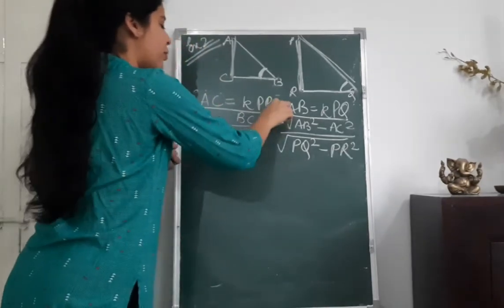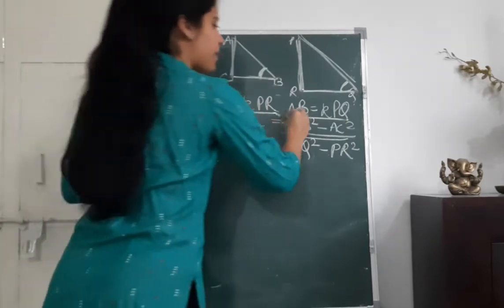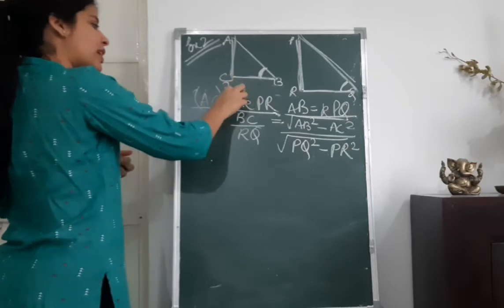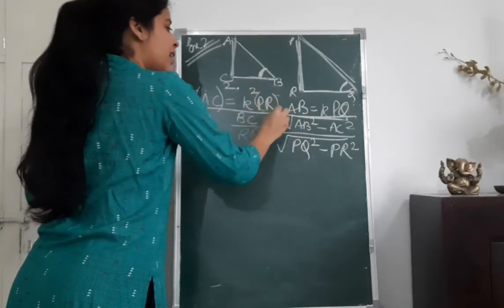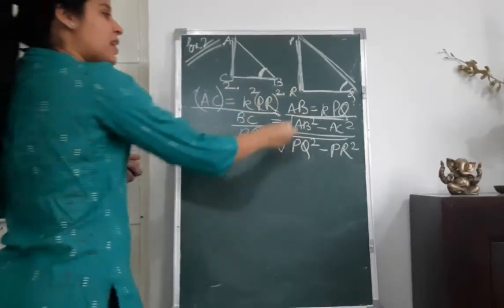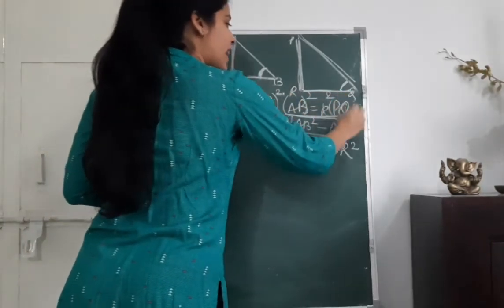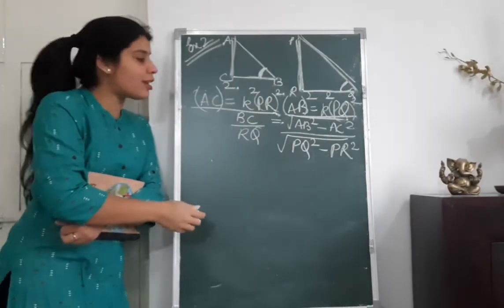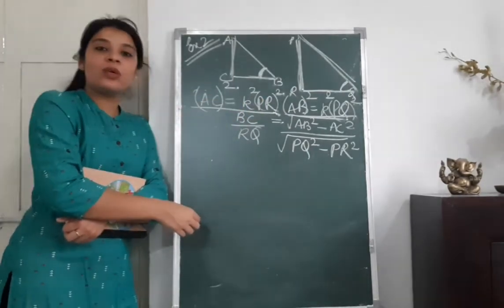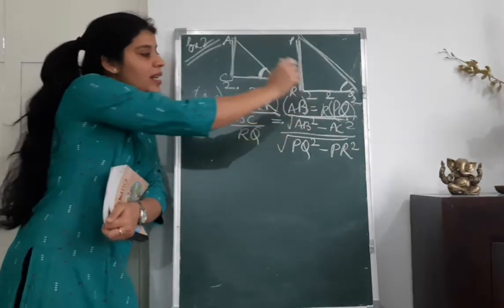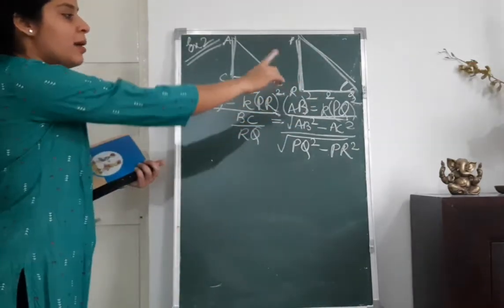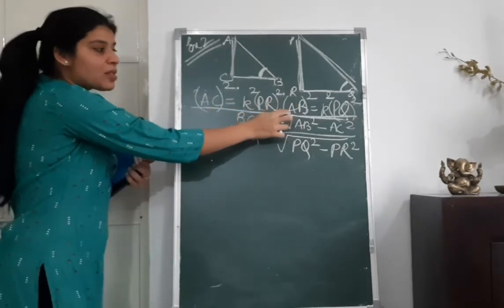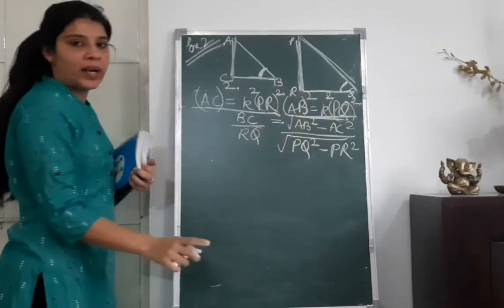See, I can put AC as K PR and AB as K PQ in this. So let us see what AC square will be equal to. AC square is going to be equal to K square PR square, and AB square is also going to be equal to K square PQ square, right? Because we have AC as K PR and AB as K PQ.